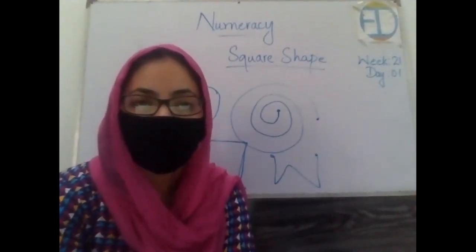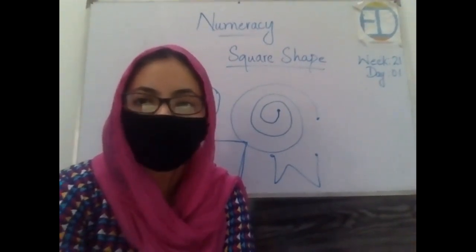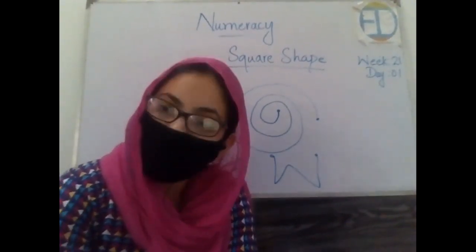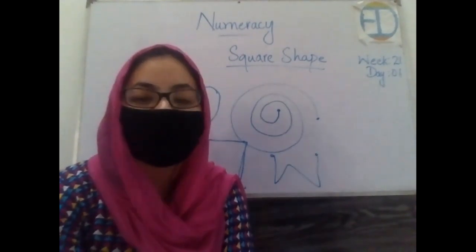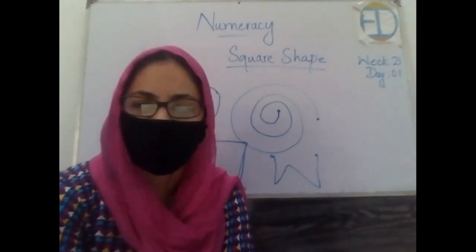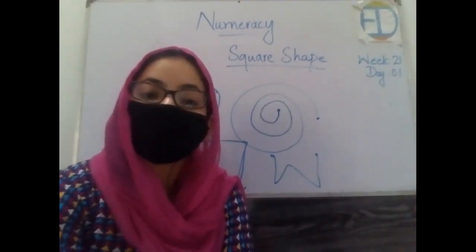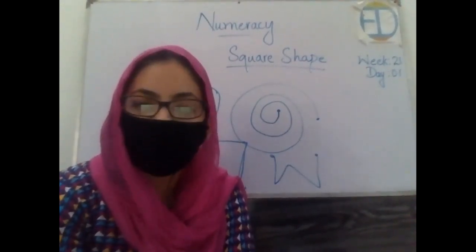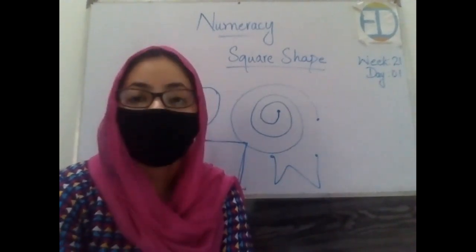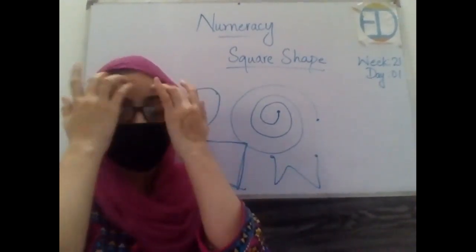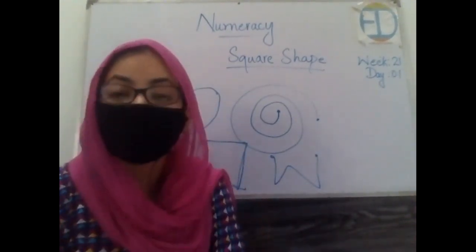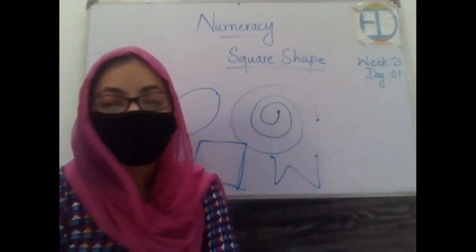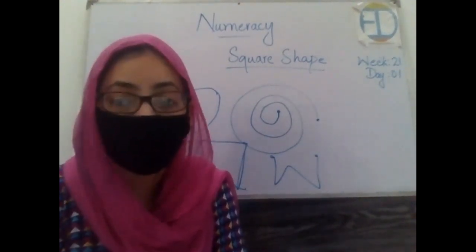And how many corners does it have? Again, four corners. And what about the sides? Are they straight or curved? They are straight. Very good. So we can say that a square has four sides. Another important point, all of the sides are equal in length, and it also has four corners.